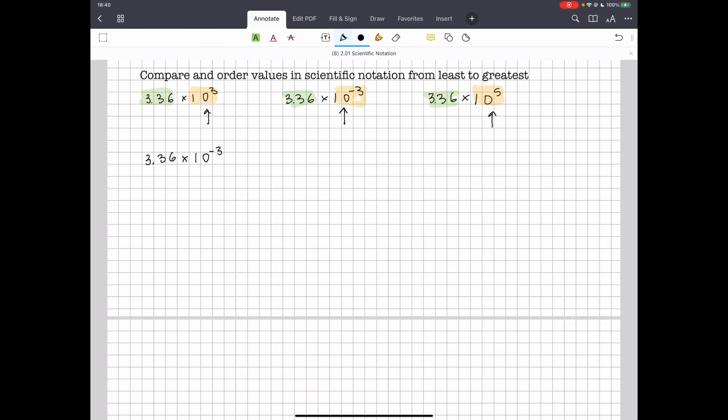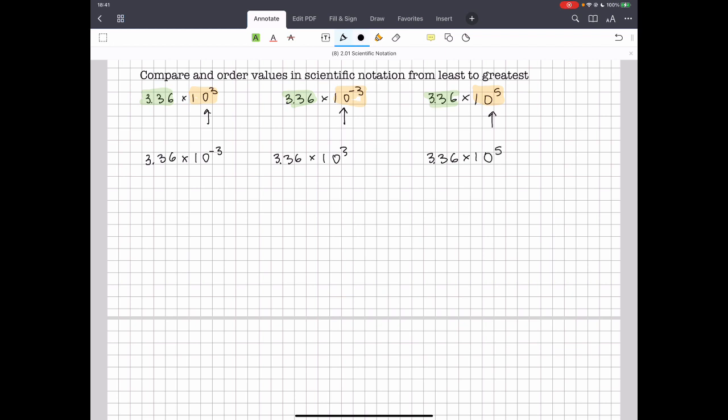Now I've got to order 3.36 times 10 to the third and 3.36 times 10 to the fifth. Well, 10 to the third is smaller than 10 to the fifth. So that means that 3.36 times 10 to the third would be next, and the largest value is 3.36 times 10 to the fifth. So there you have it.